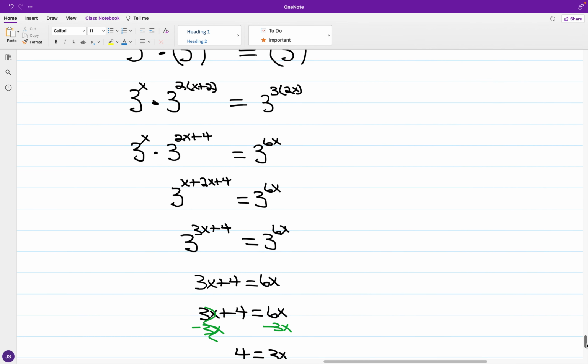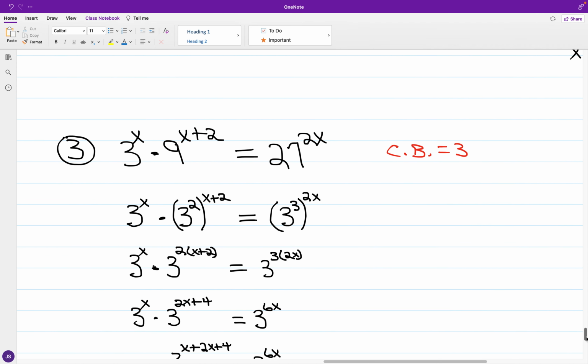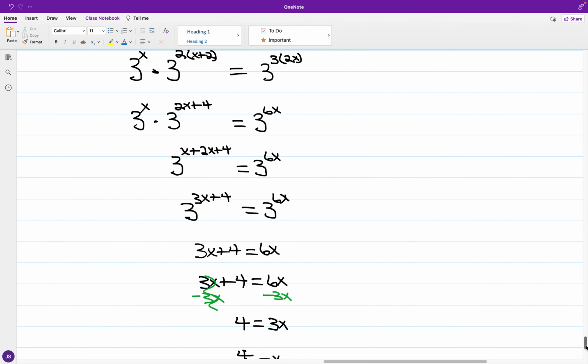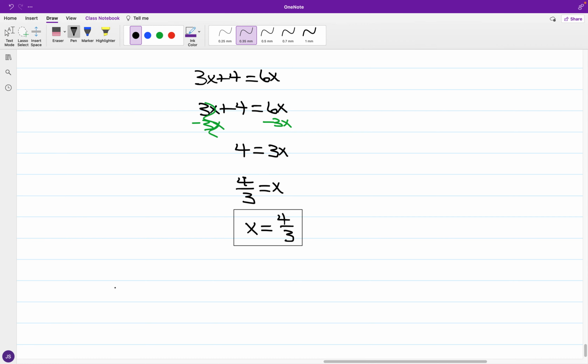Okay, so all of these are samples of what we have with exponential equations that share a common base. And just a bit of a final note. Now, say we have exponential equations with no common base.